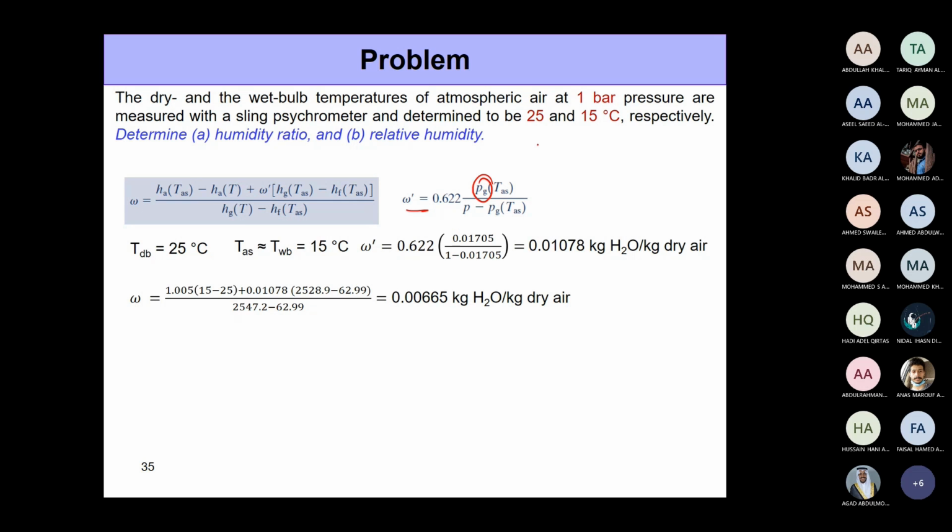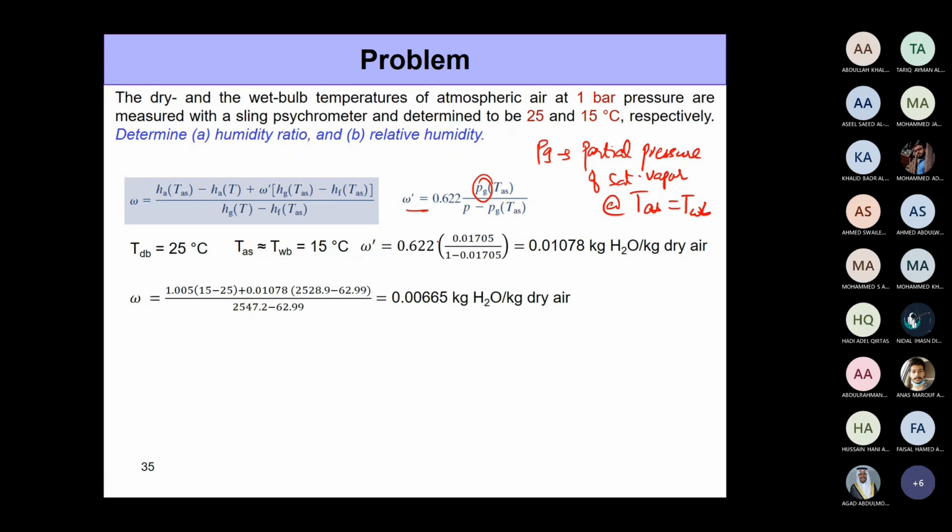So PG basically is the partial pressure for saturated vapor at the adiabatic saturation temperature. Is that clear? And by the way, this equation is in the formula sheet.